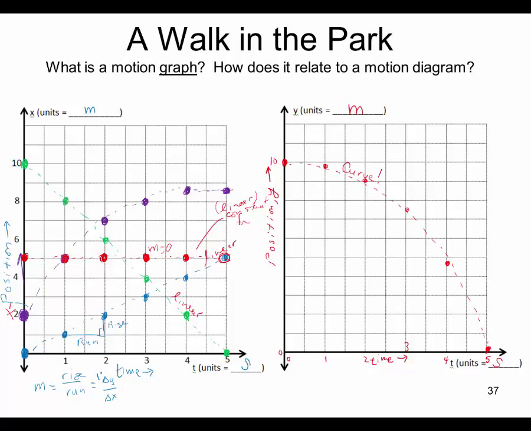Now, I'm going to put this in quotes here, because in reality we don't have y's and x's on this graph. Instead, our vertical axis is using x's. So we're going to use delta x for our rise variable. Our run variable, on the horizontal axis, is time. So we have delta x over delta t.